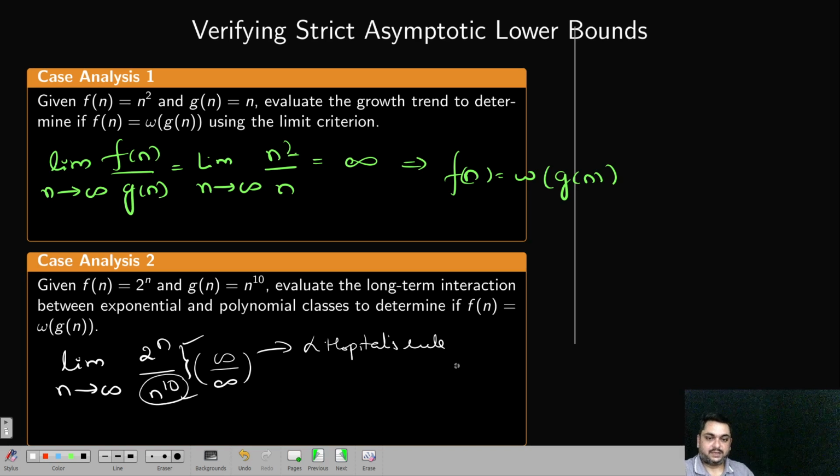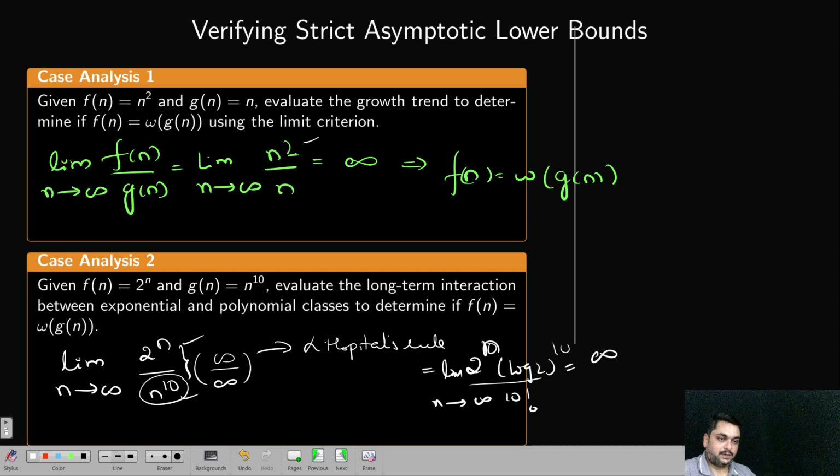You can also solve it using Taylor series in a simple method, but you can apply L'Hopital's rule if it is in this form. After differentiating 10 times, you get 2 power n times log 2 to the power 10 divided by 10 factorial. Now if you substitute n, you will get infinity. Hence, I can write f(n) equal to omega of g(n).